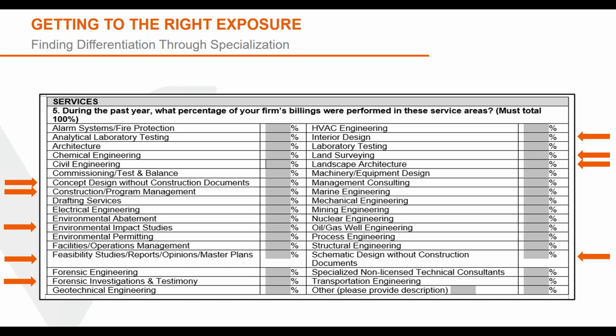This piece I feel is really key, and it does a couple things. It lets us know right away what type of firm we're looking at, and it's also a place as a broker where you can really add value back to your client.